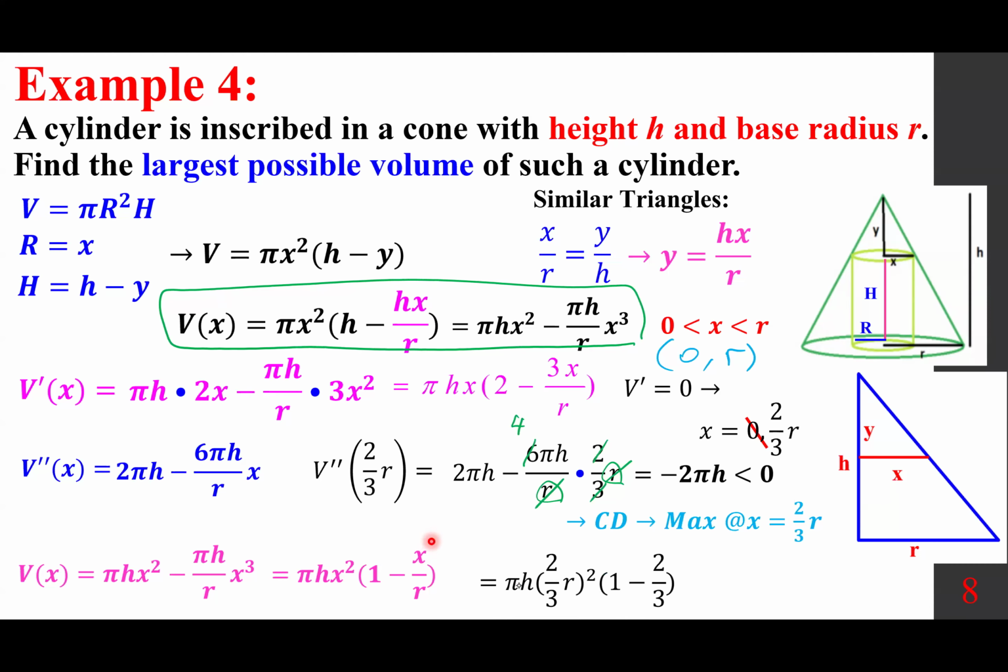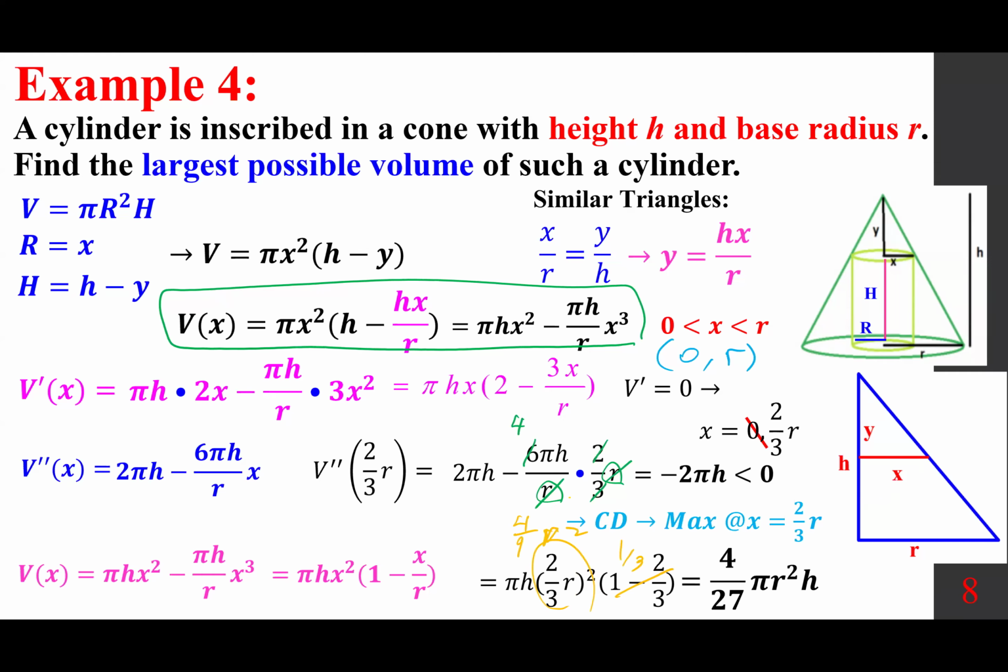So pi h, 2/3 r quantity squared, 1 minus 2/3, which is 1/3, 4/9 r squared.